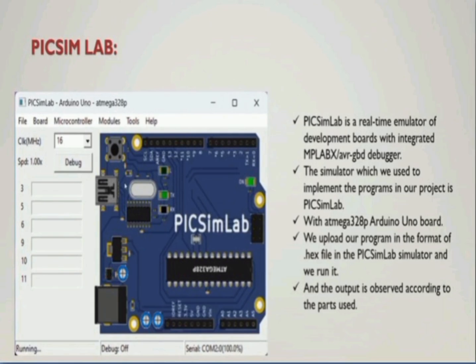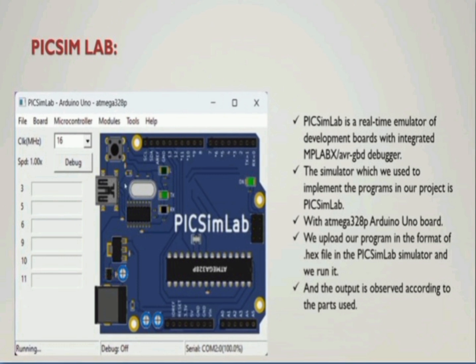Here, the next one is PICSimLab. It is also in our internship part. PICSimLab is a real time emulator of development boards with integrated MPLAB X or AVR debugger. The simulator which we used to implement the programs in our project is PICSimLab with the ATmega328P Arduino Uno board.